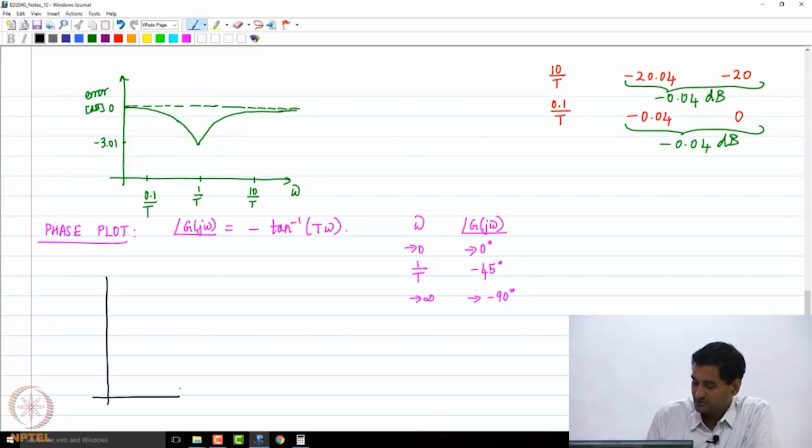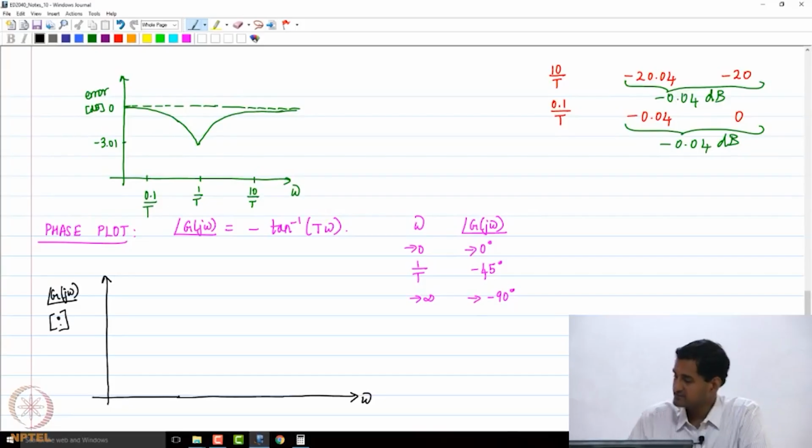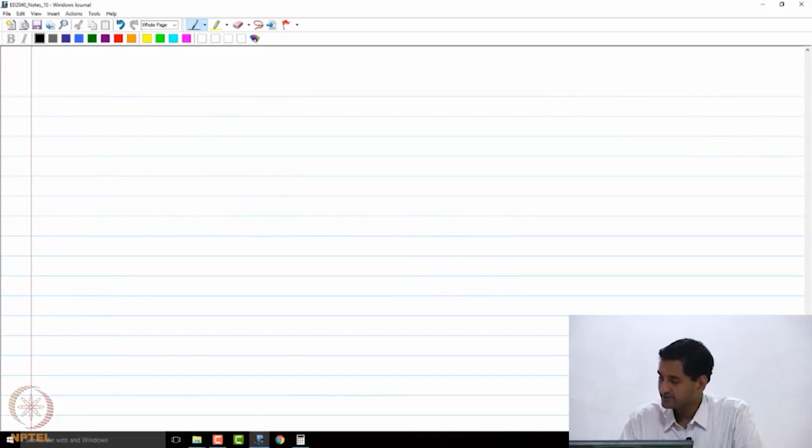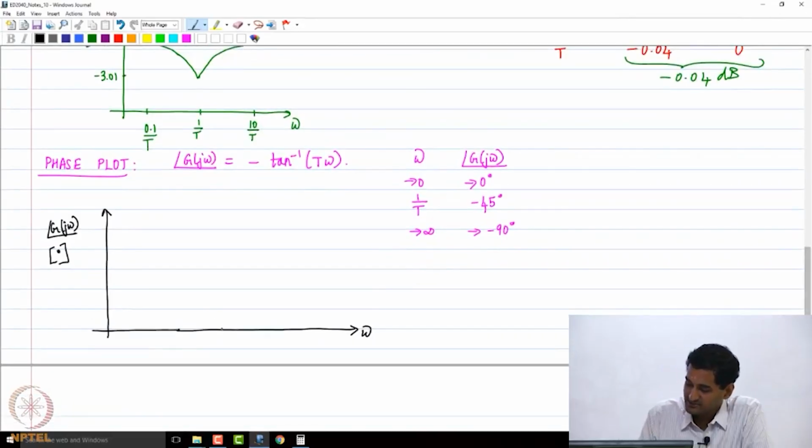Let's say we plot the phase of g of j omega in degrees against omega. What are we going to get? So let's do that. Once again, I take 1 by capital T, which is the corner frequency.